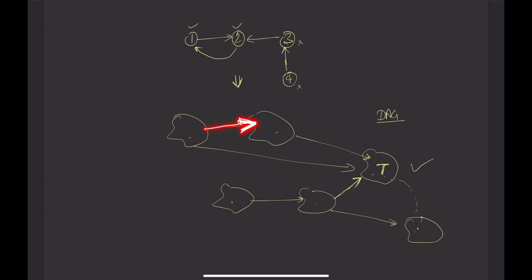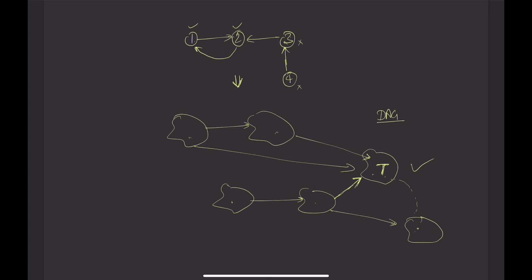We also need the order also. So if the SCC of 1 is different than the SCC of 2, and the edge 1 2 is there, then there will be an edge from SCC 1 to SCC 2.